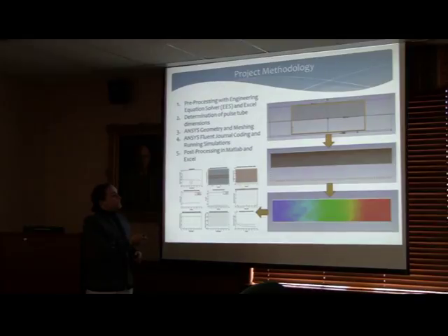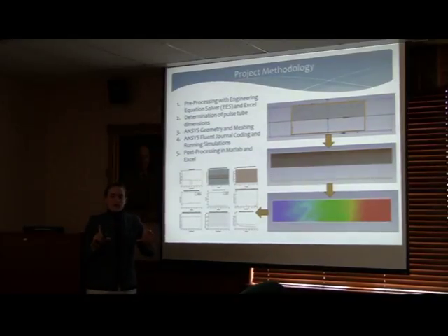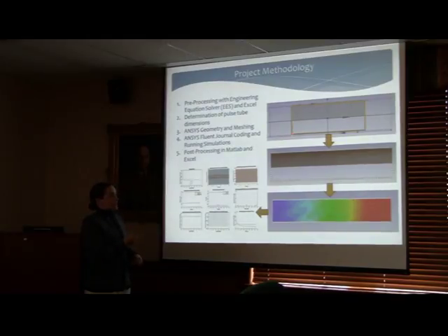Once we have the pulse tube size, we're going to create an actual 2D geometry in what's called ANSYS Geometry, and then we're going to mesh it, which I'll explain a little later, and then put it into ANSYS Fluent, which I'll also explain later. But it just shows how we're going to do this and then get to the MATLAB results, which look like this. They take the data found in Fluent and turn it into usable results.